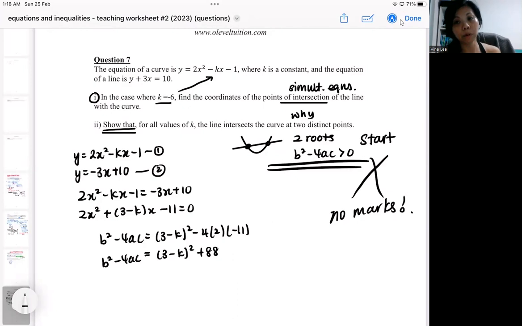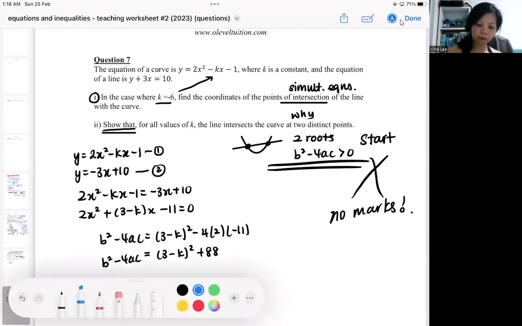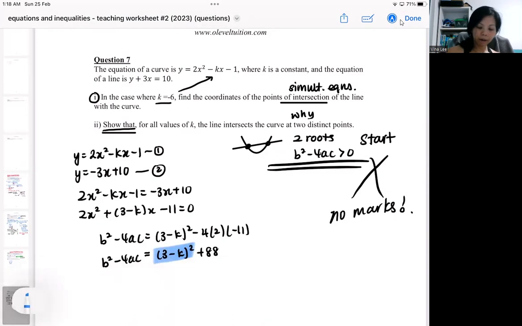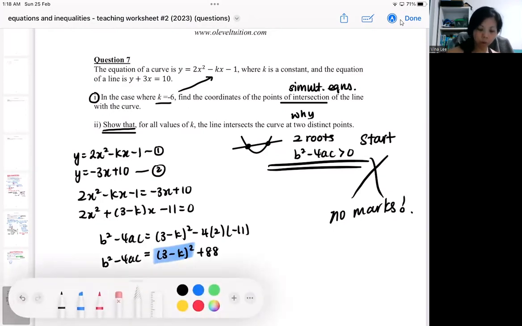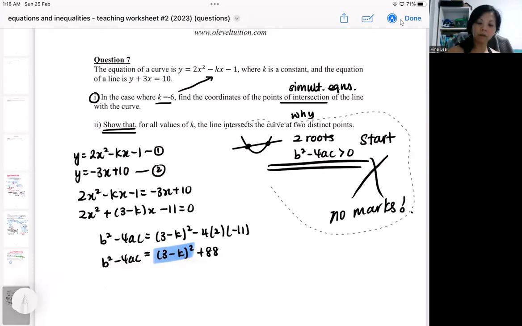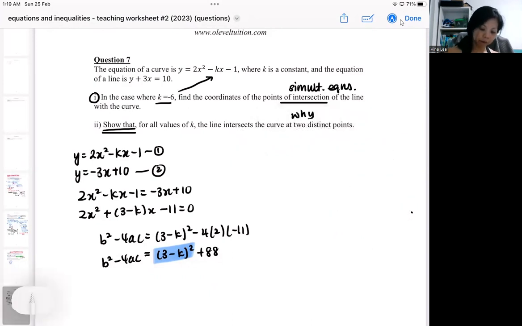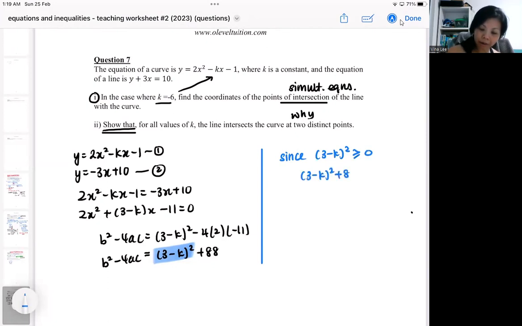Observe how your discriminant looks. Can you see that there is a square? Any function that is being squared will be positive. You square any value, it will be positive. So I'm going to explain it this way, I'm going to target the square. Since this is always positive, you add 88 on both sides, and this becomes your discriminant.